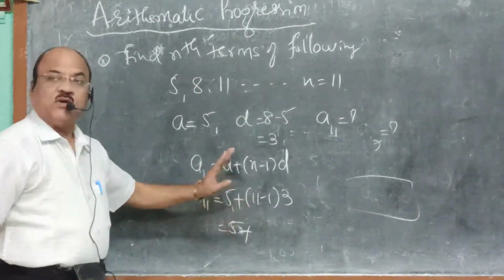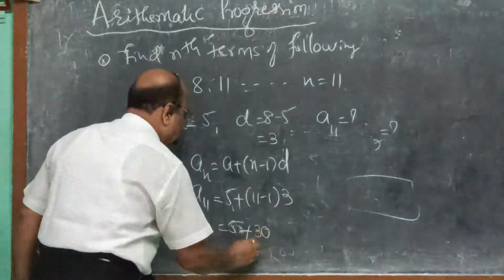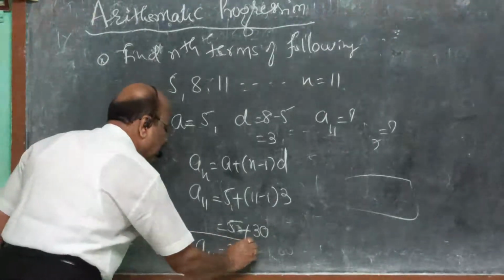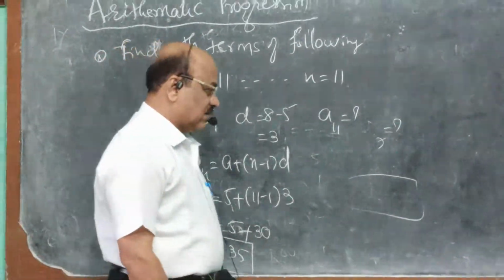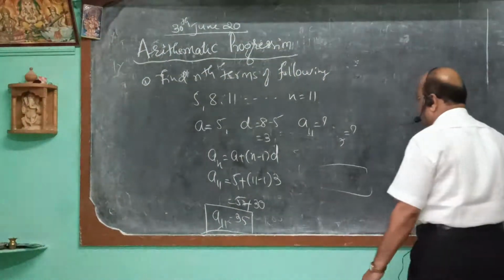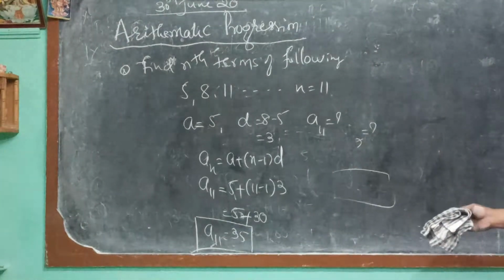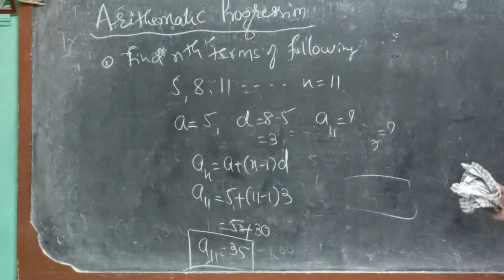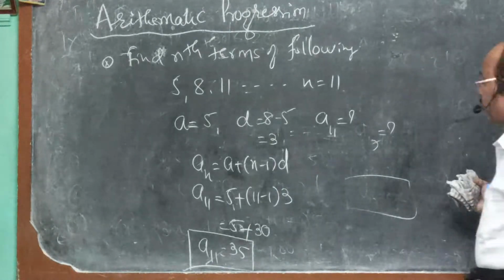Now 11 minus 1 is 10, that becomes 30. Therefore, A11 equal to 35. This is how, given n equal to some value, we find the particular nth term.